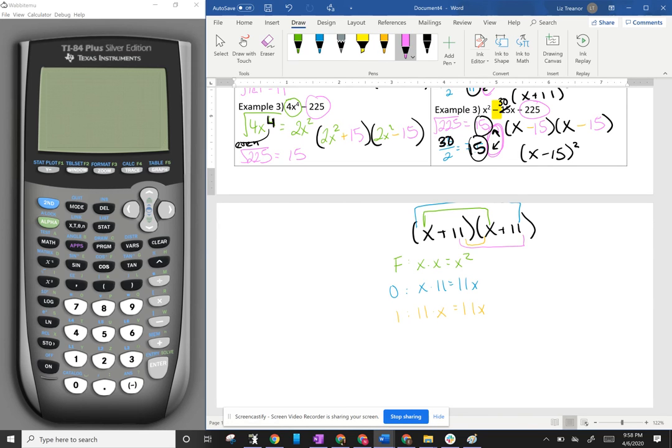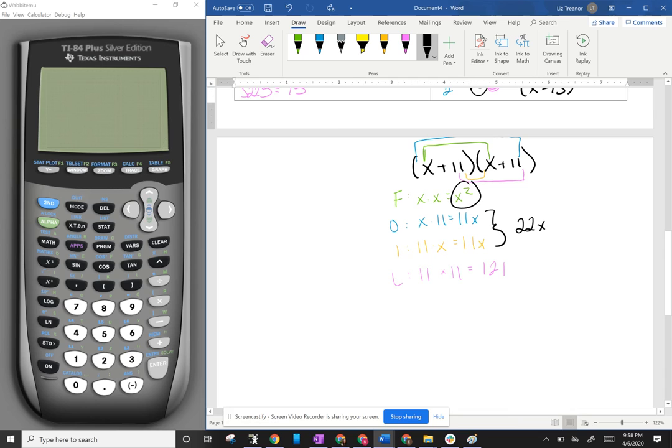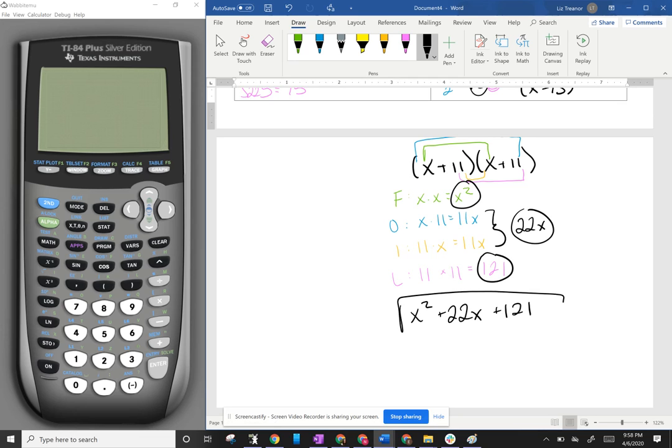And we got the last for L, which is 11 times 11, which is 121. Here, these are like terms, 11x and 11x, we get 22x. And when you take all of the terms, we got x squared plus 22x plus 121. And that is a perfect square trinomial.